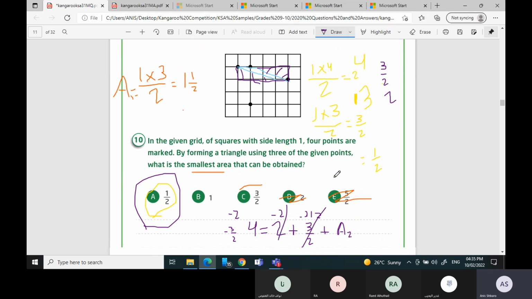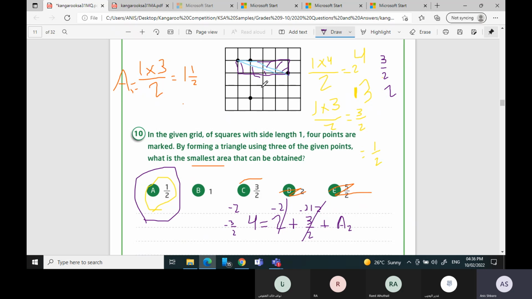So of course, I can guess easily that in 2020, almost like 80%, 90%, or even more of students answered with C, because they found easily this area and they forgot about this one.